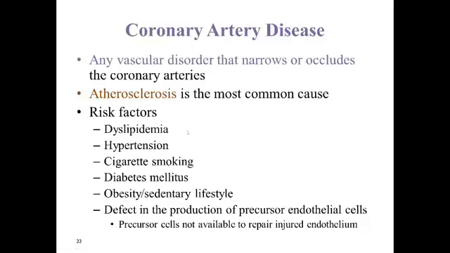So risk factors, you can read there, many of what we just already talked about. You get this defect in the production of precursor endothelial cells, and then these cells are not available to help repair the injured endothelium for whatever reason. If you've got all of these things going on, dyslipidemia, hypertension, cigarette smoking, diabetes, obesity, it's just crazy.